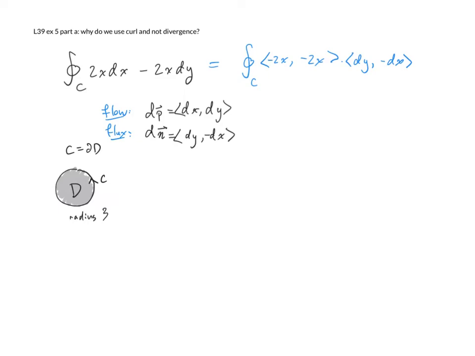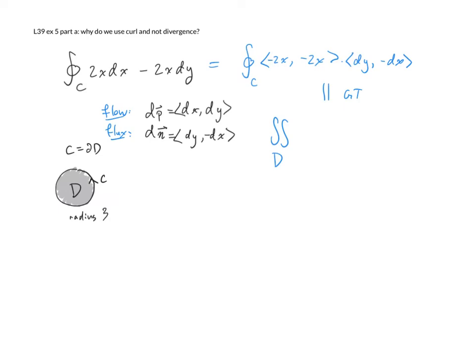So that looks good. So by Green's theorem, this is the same as the double integral over D. In case you've forgotten, the setup for this problem is that C is the boundary of a disk of radius 3. So the counterclockwise orientation was already fixed.